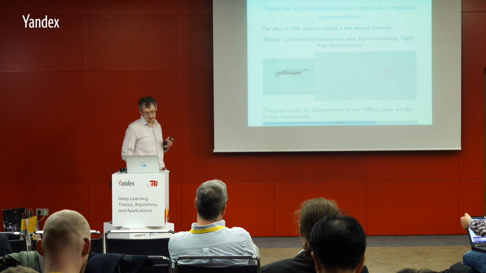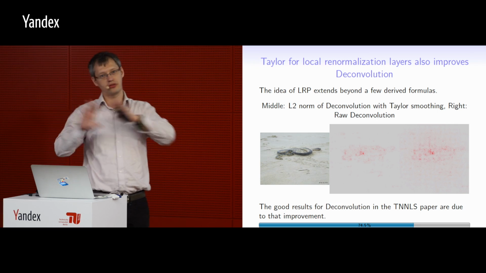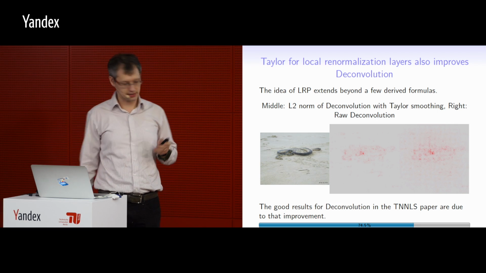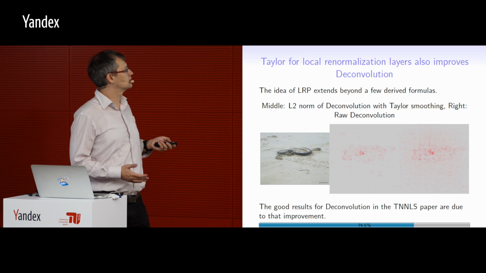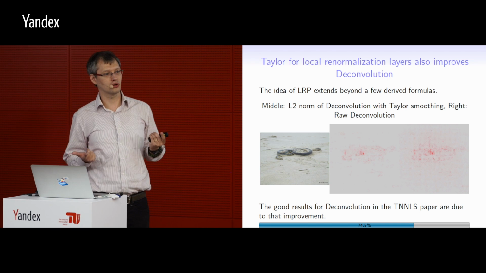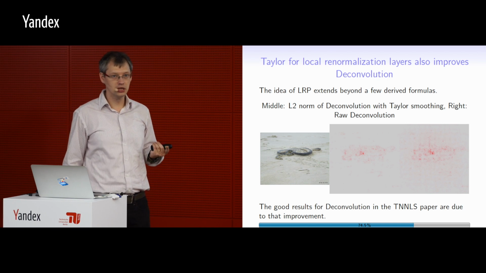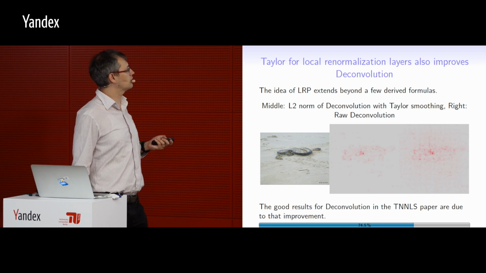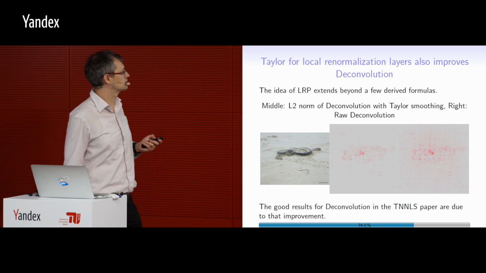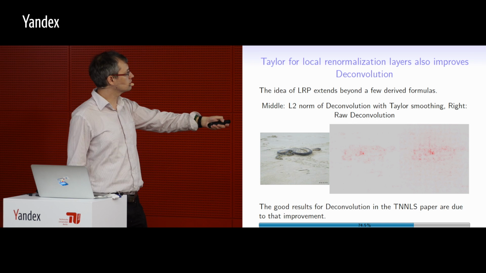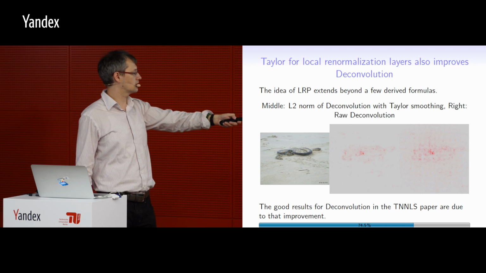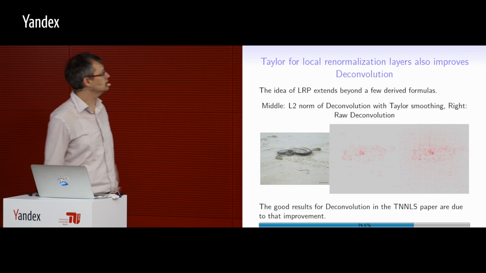The point I want to make is that LRP is more a thinking principle. It's not a set of formulas. You can apply this not only within LRP. For example, the idea to use this Taylor smoothing for local renormalization layers, you can use as well in combination with deconvolution. So this is kind of raw deconvolution, where you treat local renormalization layers as an identity.